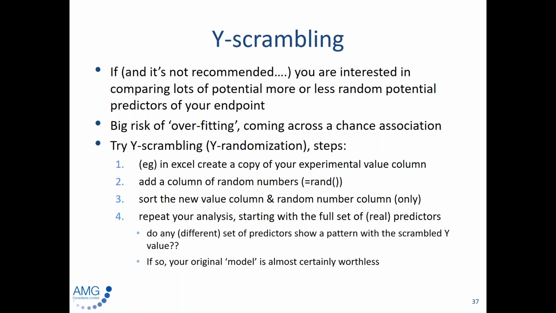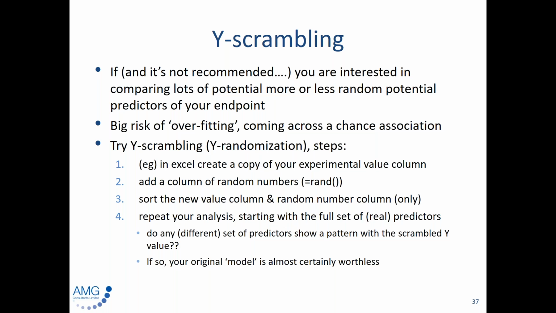It's also worth trying this Y-scrambling idea, which basically just randomly sorts the true experimental values between the compounds, then completely starts your analysis again and sees if you get something popping up that looks as credible as your first analysis did. If you do, then your original model is probably worthless.